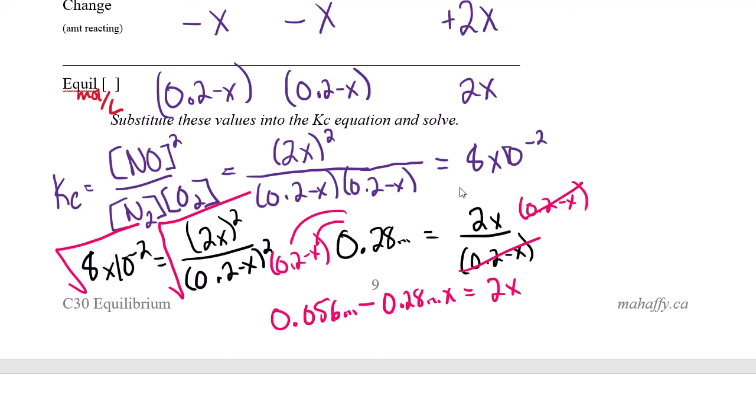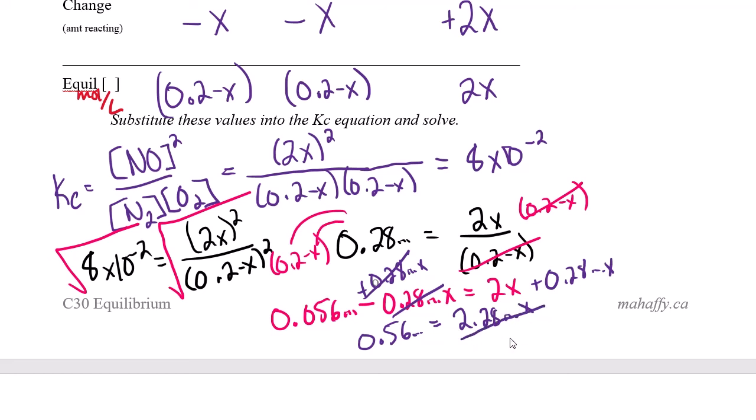Then let's add this to both sides to bring it over, plus 0.28x. These guys will cancel, and that's going to give me 0.056 is equal to 2.28x.